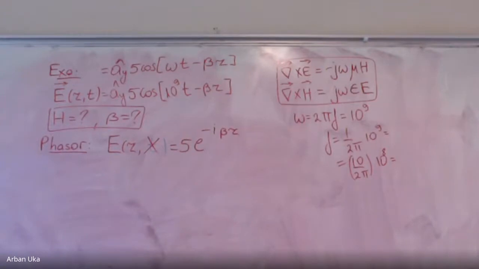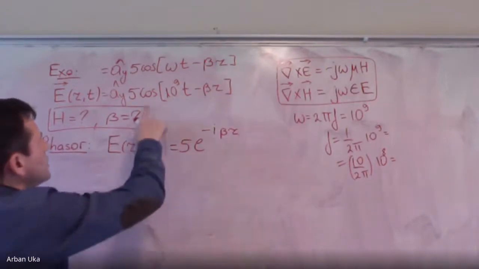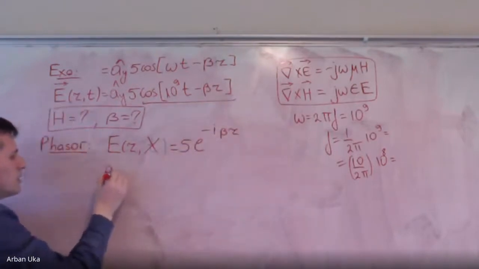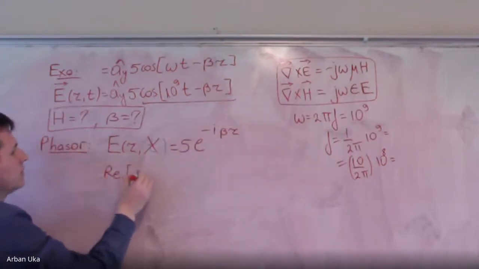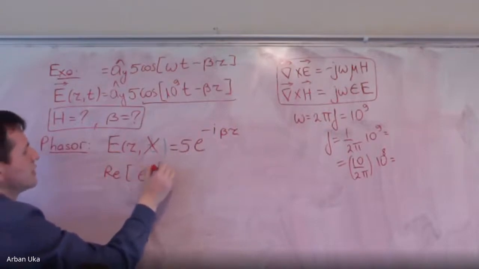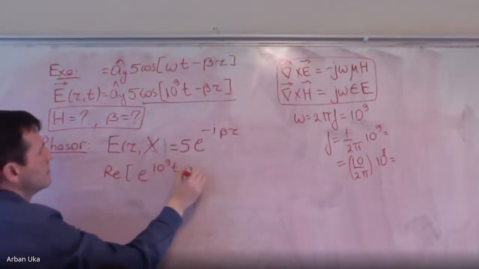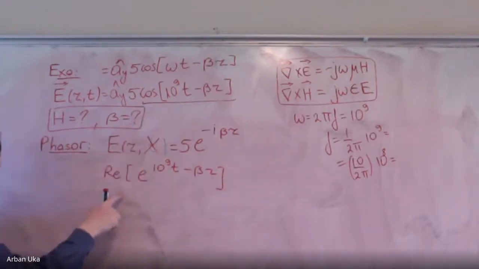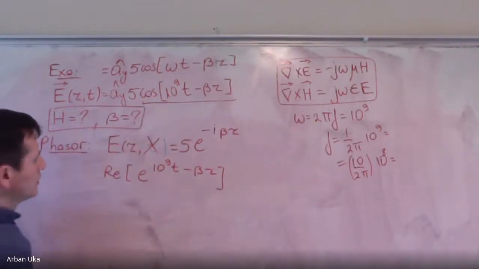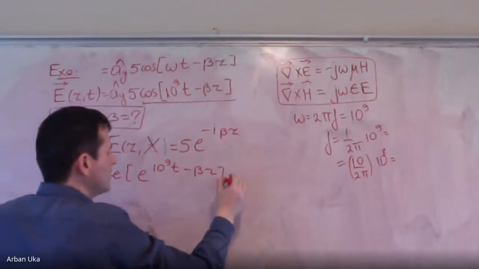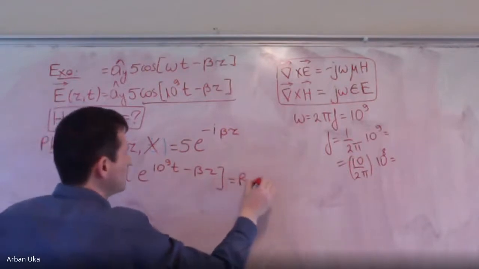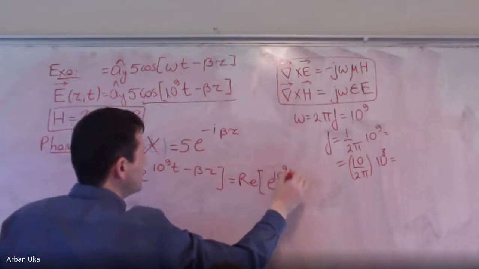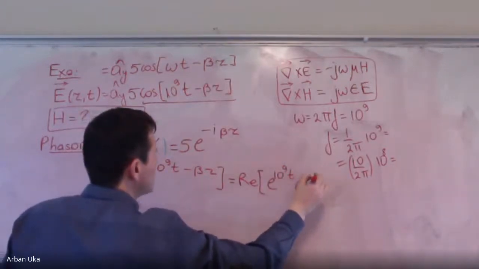And again, let's look for a moment, what is this cosine? Cosine is equal to the real part of e to the power 10 to the power 9 t minus beta z, right? So if this is the case, we can even write this as the real part of e to the power j 10 to the power 9 t times e to the power minus j beta z.